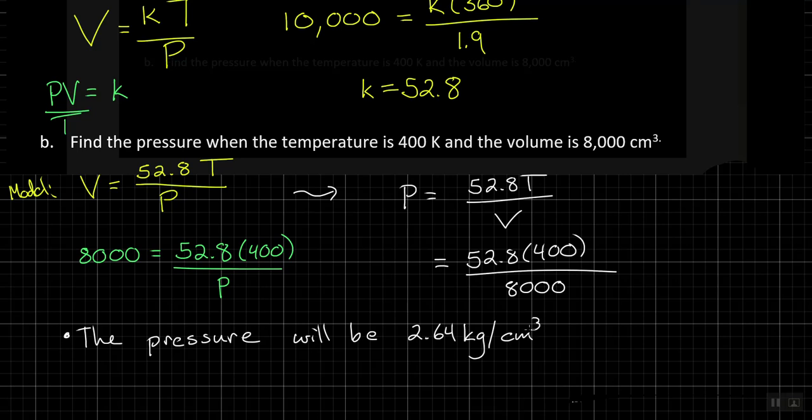How did Sean know it was kilogram per centimeter cubed? On the very second line of this question, the pressure of a gas is given in that unit. We can reason it out. Alternatively, we're not going to play the unit game because Kelvin's wonky. We're not going to mess with it. 2.64. Okay.